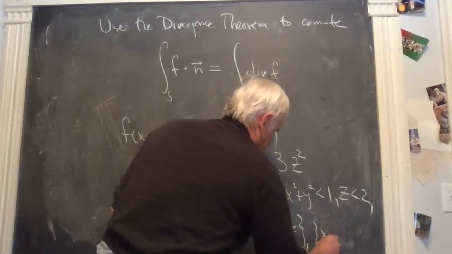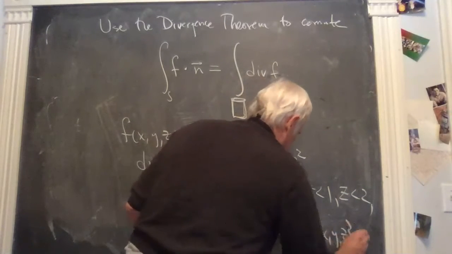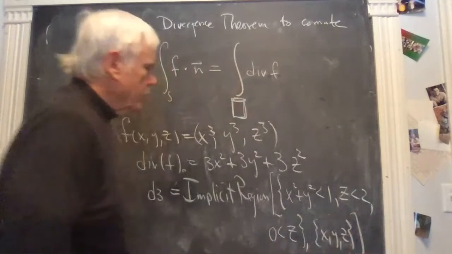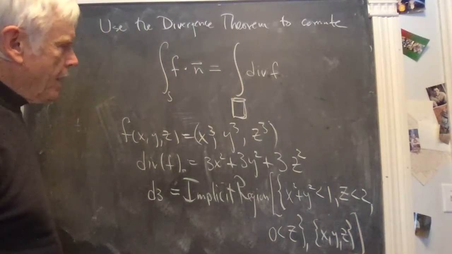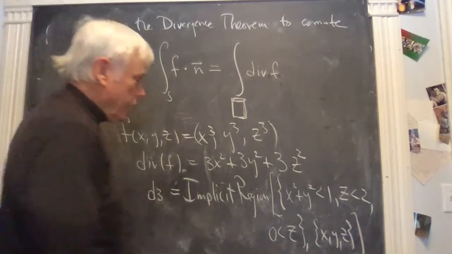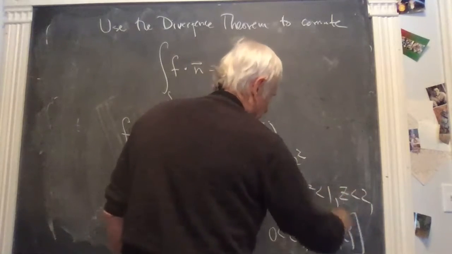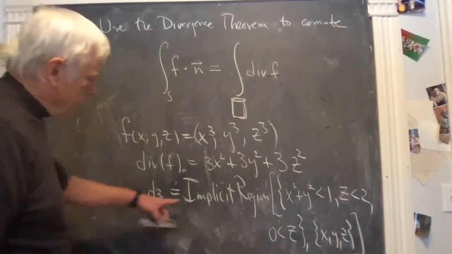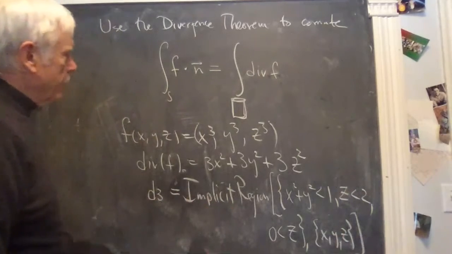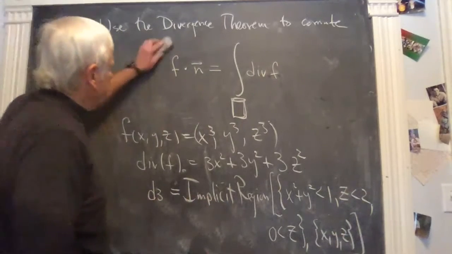And then x, y, z. So there is the implicit region D3. It's the collection of all x, y, and z's that satisfy these conditions. So this basically gives a parameterization of that region, and now we're ready to compute.